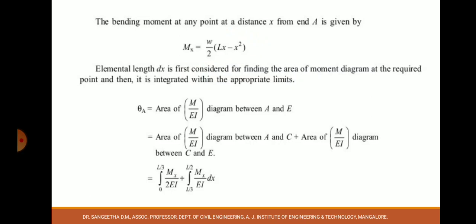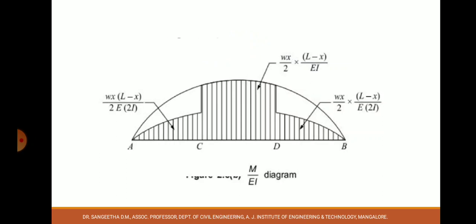Substitute with L is equal to L by 3. So this is the M by EI diagram. You have the bending moment equation. Substitute L is equal to L by 2.